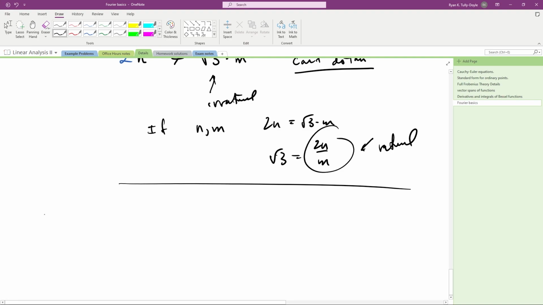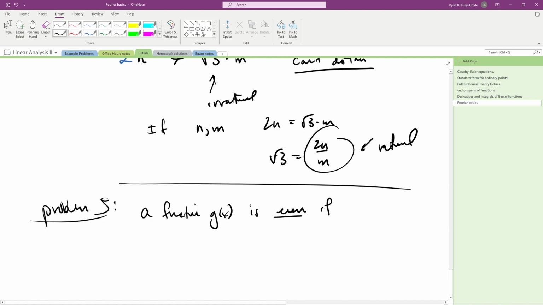Problem 5 is easier than it looks. The idea in problem 5 is that you just have to know the definitions of even and odd. A function f of x is even if f of x is equal to f of minus x for all x.